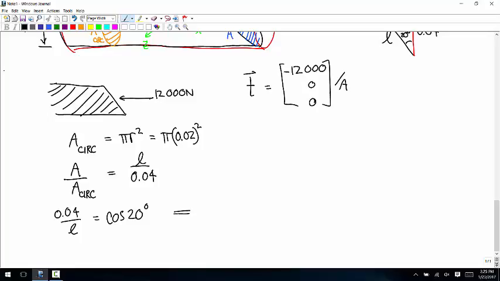And so L is equal to 0.04 divided by cosine of 20.